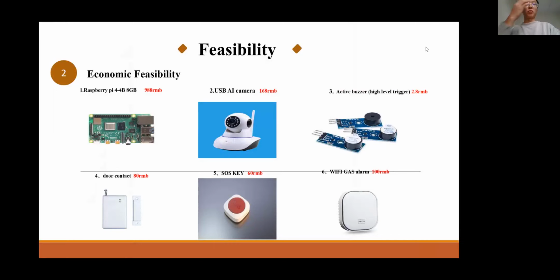The fourth part is the door contact, which will cost us 80 RMB. The fifth component is the SOS key, which will cost us 6 RMB. And the last component is the Wi-Fi gas alarm, which will cost us 100 RMB. Based on the price of our components, they are all acceptable for our budget.